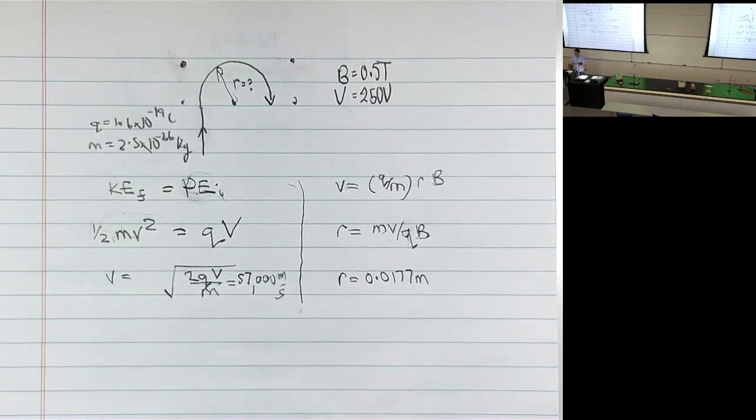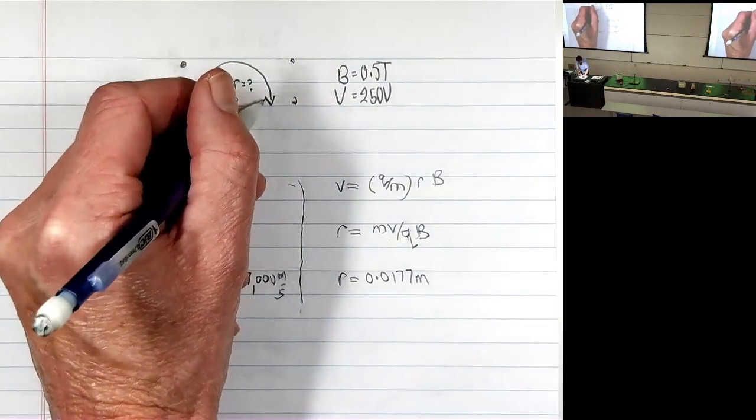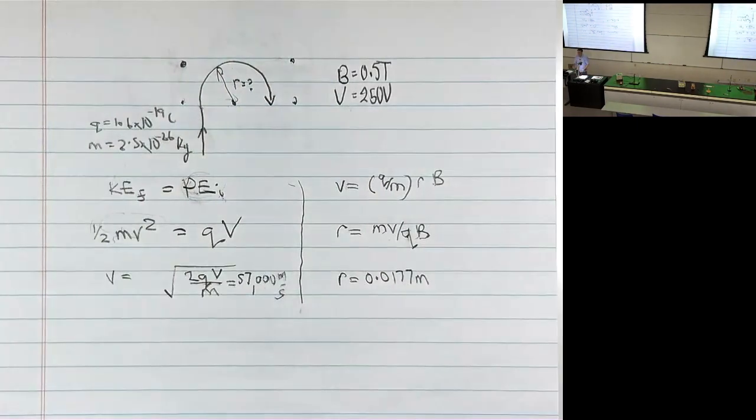So out of all those combinations of really big numbers like the speed and small numbers like the charge and the mass, I ended up with an everyday radius of curvature, and that was a little under 2 centimeters. And so that's the radius of this orbit. This diameter here then is 4 centimeters.